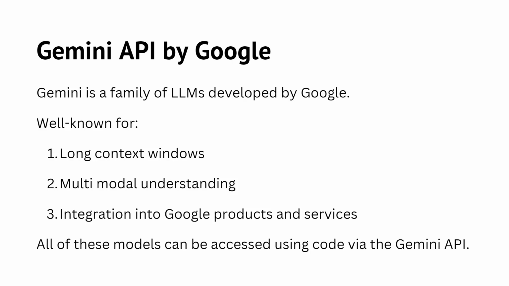In the Gemini API, the models understand text, image, video, audio, whatever input you give, and they can understand it very well. And the Gemini API or Gemini model is available in all Google products and services.